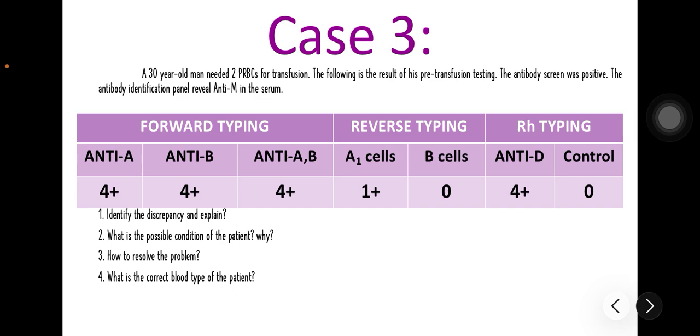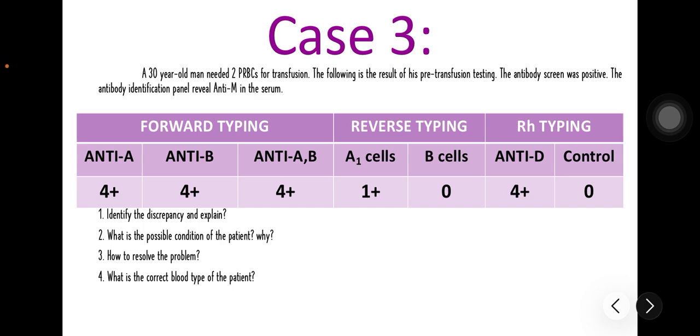In the reverse typing, now if the patient is truly group AB, the plasma should have no anti-A and it should have no anti-B. Therefore, it should show 0 reaction with known A1 and B cells. But in here, we see that the A1 cells is 1 plus, which is weak positive, and the B cells is 0. So this means there is an unexpected antibody reacting with your A1 cells.